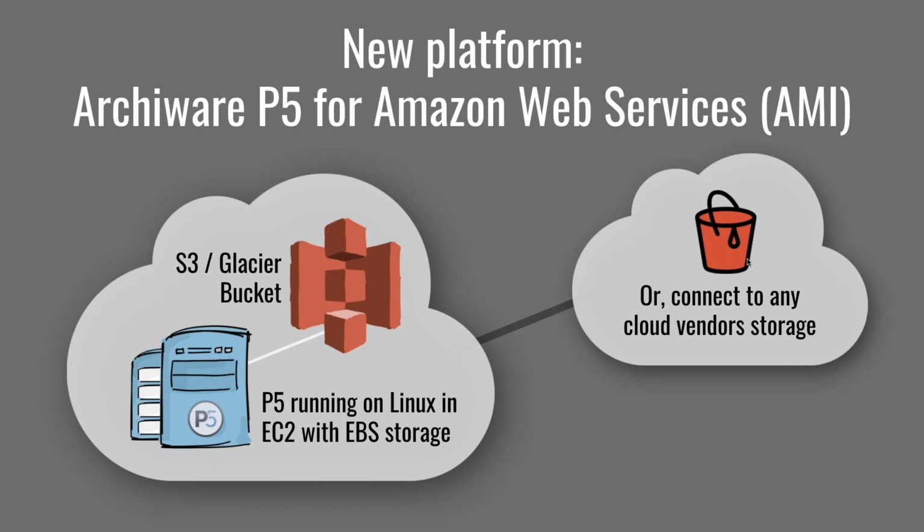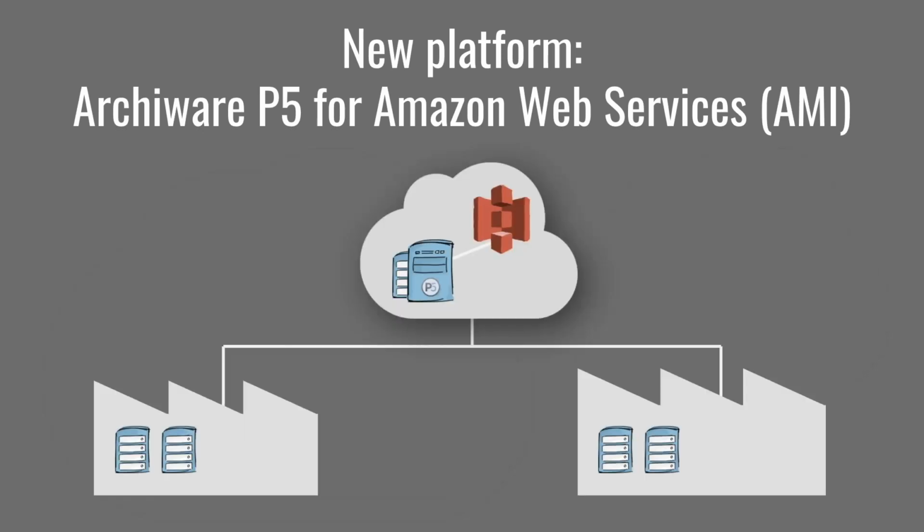So you're not limited to Amazon's cloud storage by running the Linux machine inside of Amazon. You could have your data going into S3 and then also going to Backblaze, for example. So we have a lot of flexibility in the way that this can fit together.